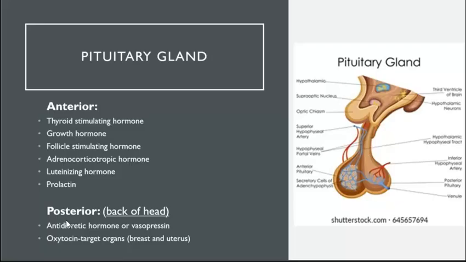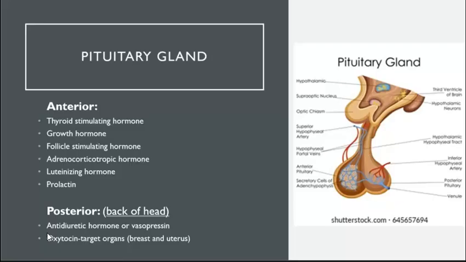So your pituitary gland, if you look at it, this is the pituitary gland. We have an anterior and a posterior. We know that the anterior pituitary gland does a lot more, per se, than the posterior. The posterior regulates antidiuretic hormone or vasopressin, and it also regulates oxytocin.